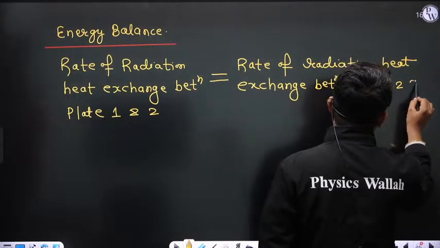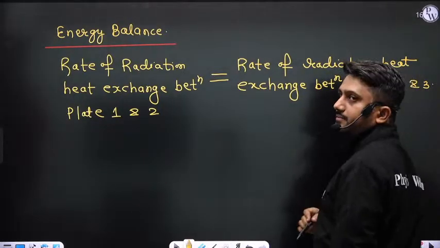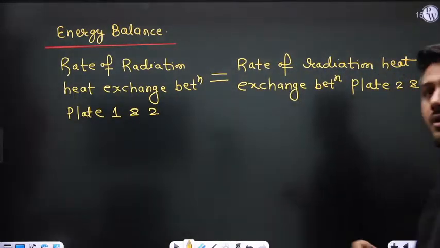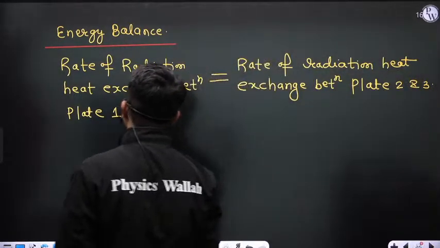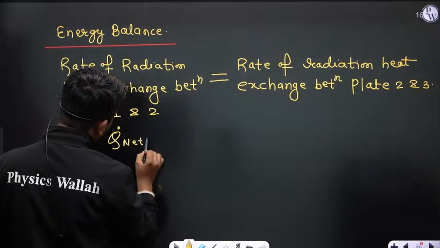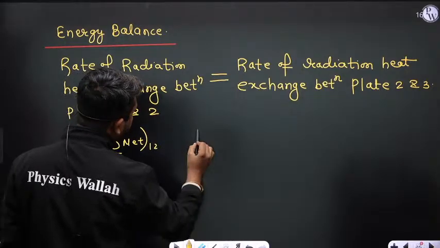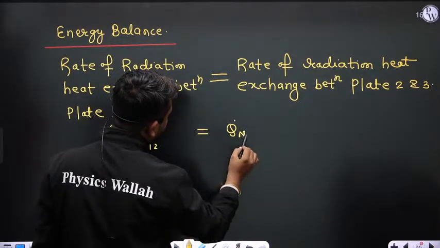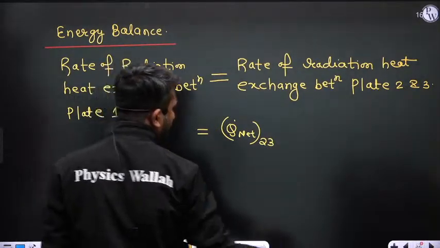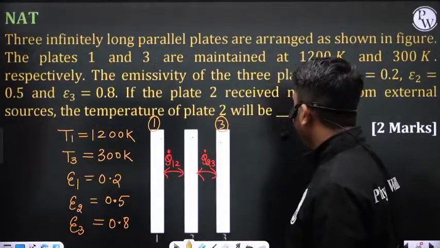Correct. Now see here. What is the rate of radiation heat exchange between plate 1 and 2? So Q dot net 1 2 is equal to Q dot net 2 3.